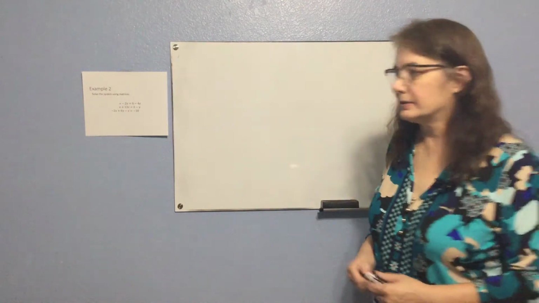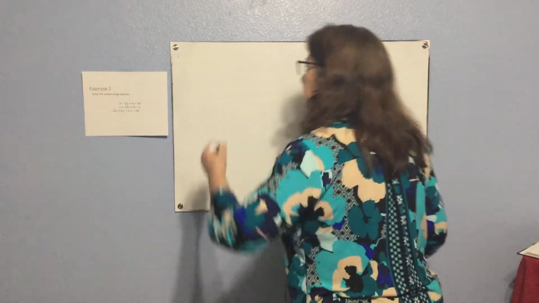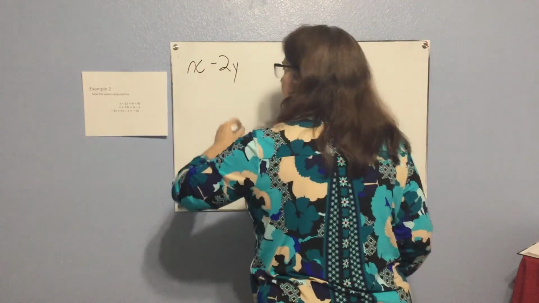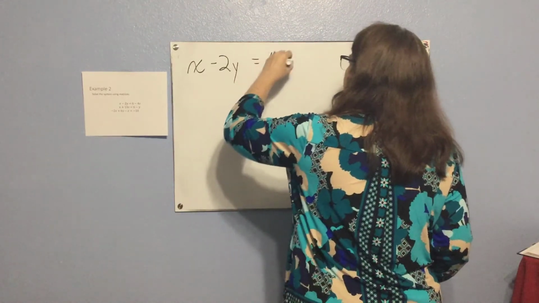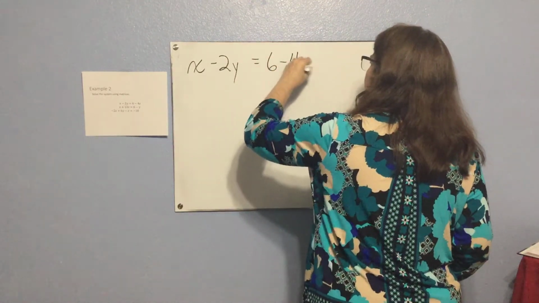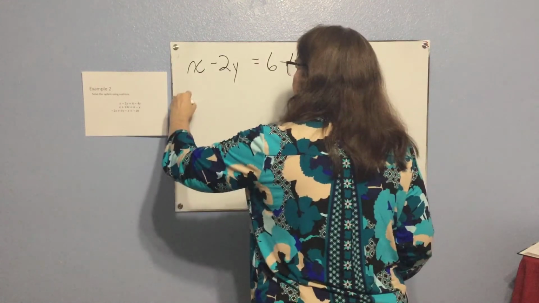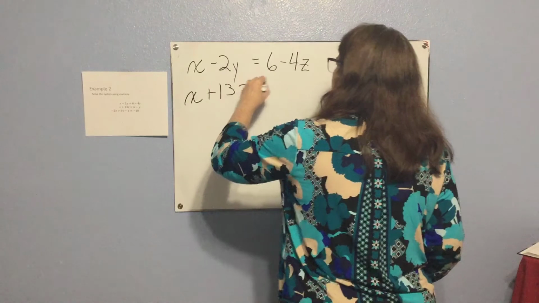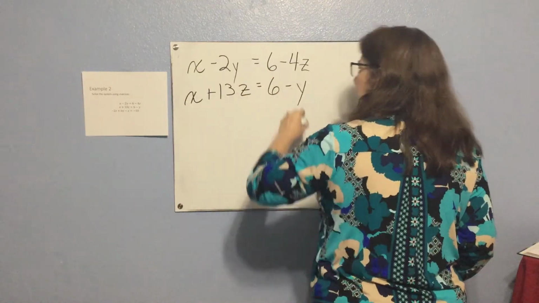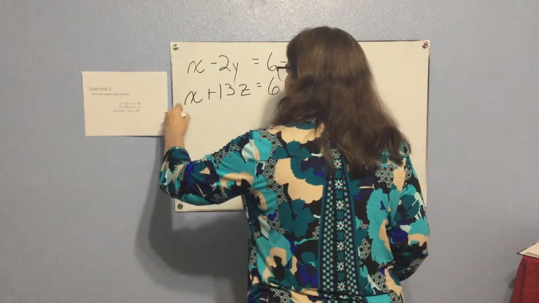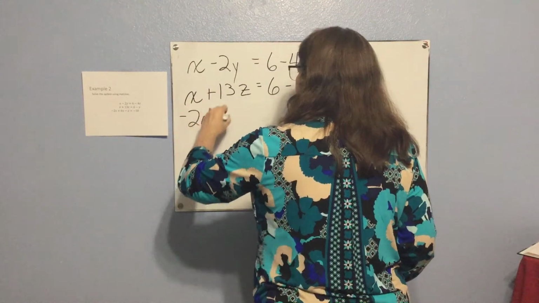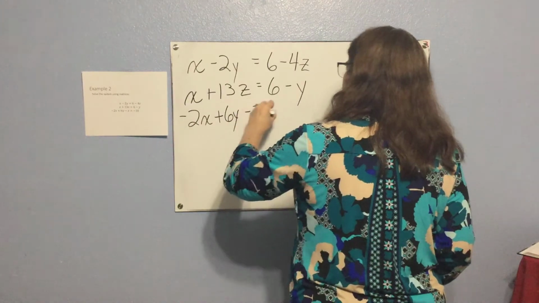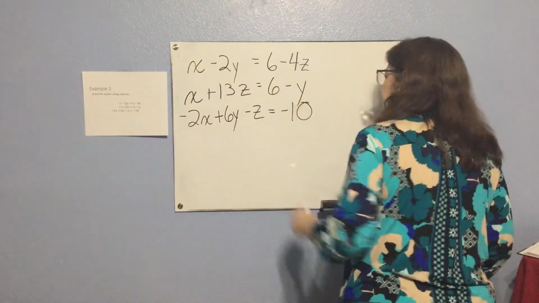Now let's look at another system of equations. We've got x minus 2y equals 6 minus 4z, x plus 13z equals 6 minus y, negative 2x plus 6y minus z equals negative 10.